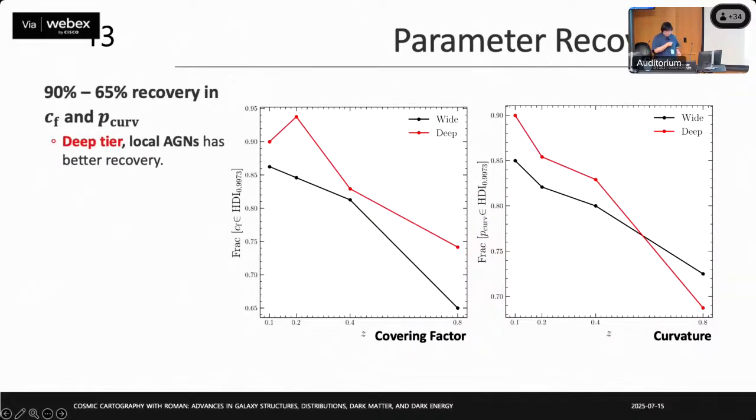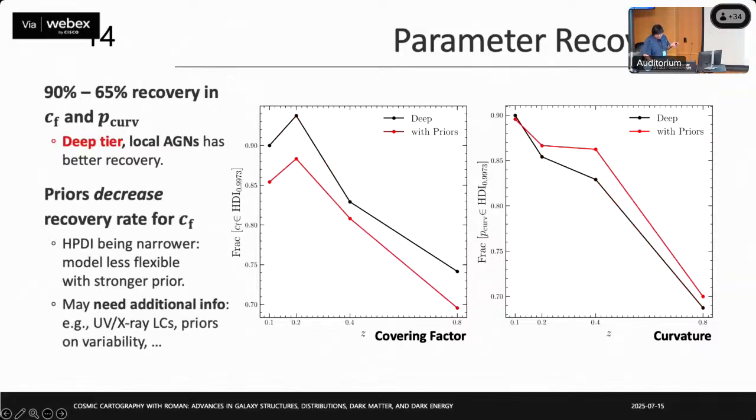For parameter recovery, it is overall very large, above 65%, and it is still larger for the deep tier surveys. And if we impose the priors, actually for the covering factor, it gives a slightly decreased recovery rate for the covering factor parameter.